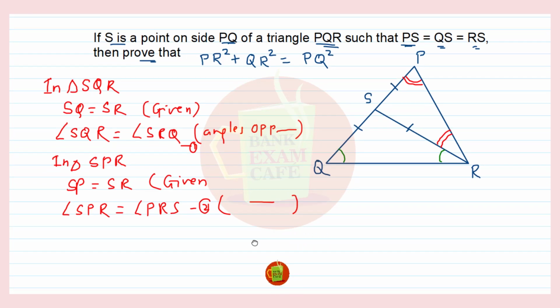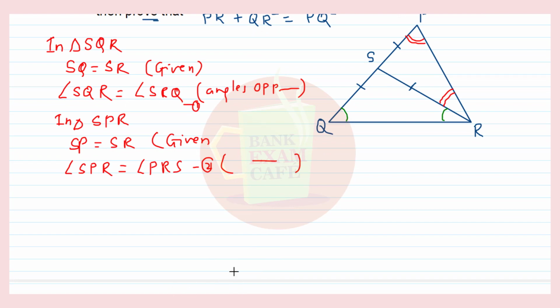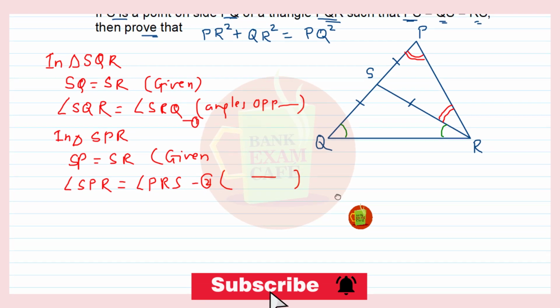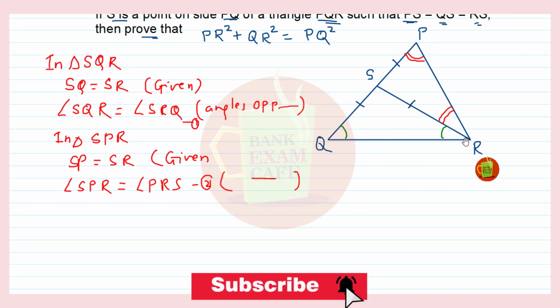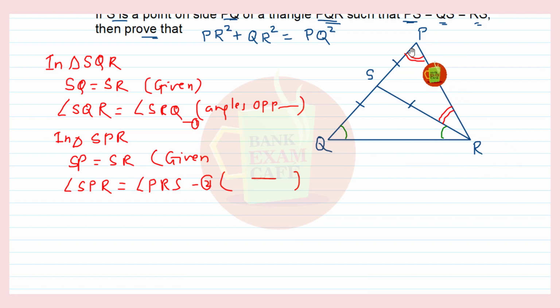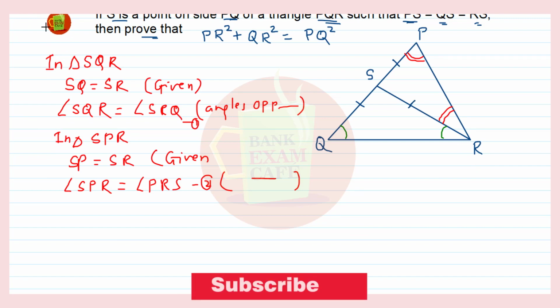So here, now we will take this triangle PQR. In triangle PQR, the sum of the 3 angles is always 180 degree. So angle P plus angle Q plus angle R will be equal to 180. So here we will solve it like this.